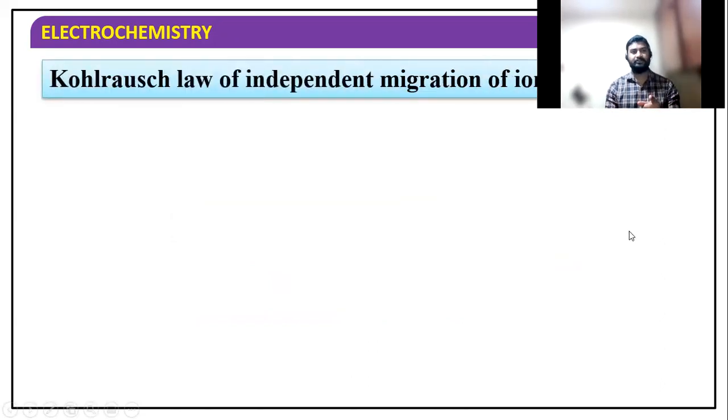So Kohlrausch law basically means that, let me just give you a rough idea, then I'll go to the statement part of it. Suppose you have a strong electrolyte like NaCl or maybe KCl, or a weak electrolyte like CH3COONa. Kohlrausch law says that if I add enough water, meaning I made it 100% diluted, we can say it is infinite dilution.